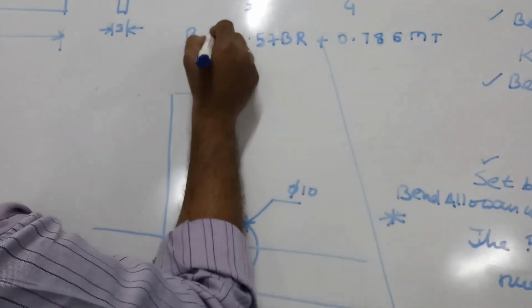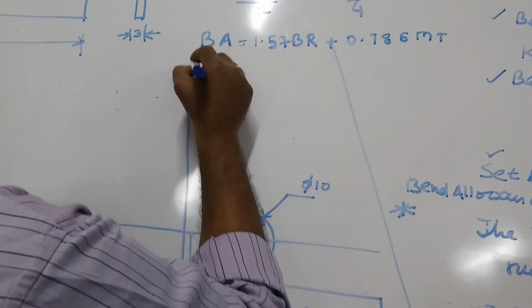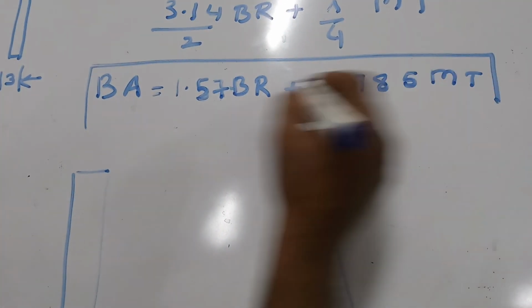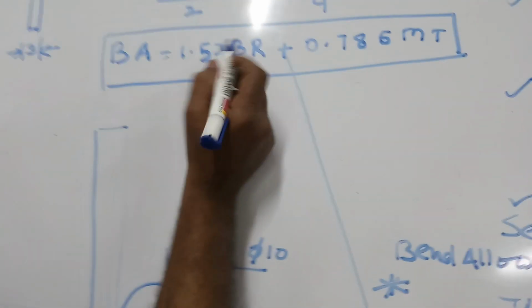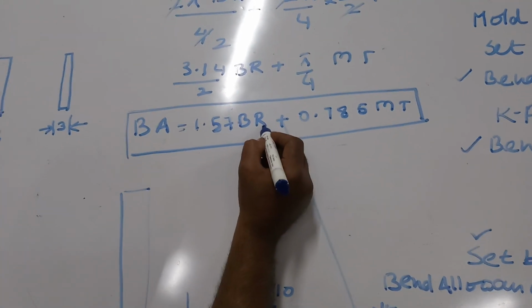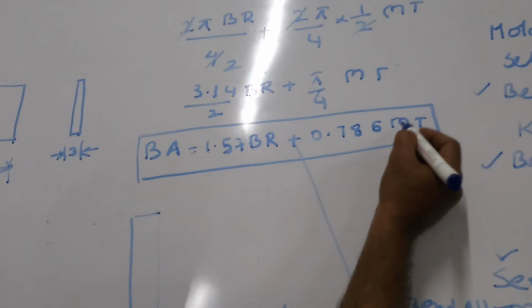So bend allowance is equal to 1.57 bend radius plus 0.785 material thickness.